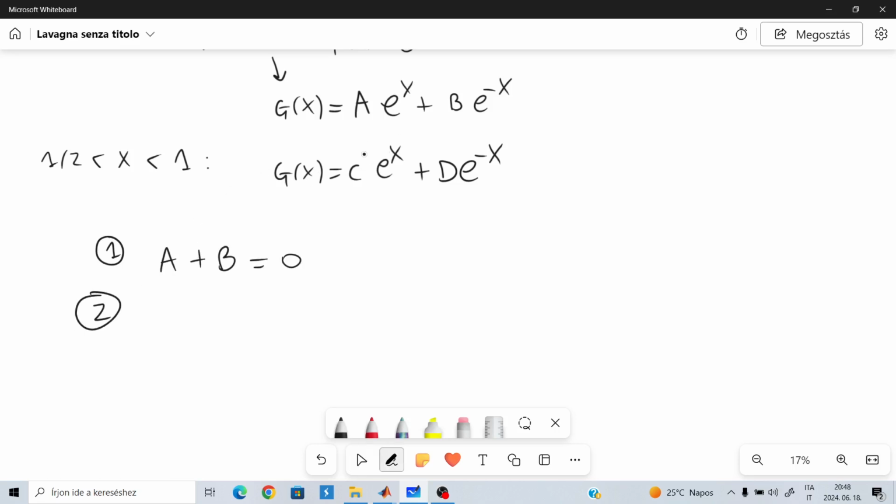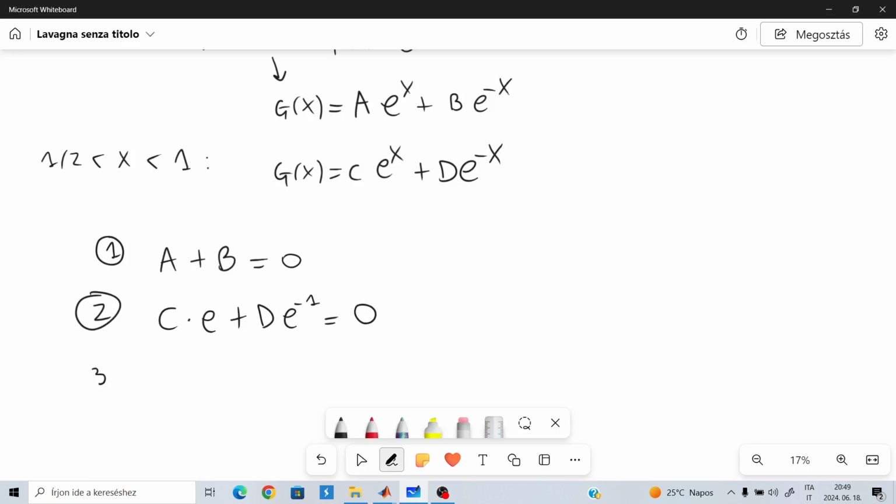Then we have the second condition, which is g of 1 equal to 1, so we have c times e plus d times e to the minus 1 equal to 1.